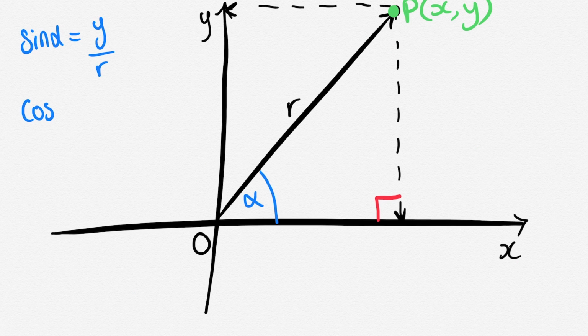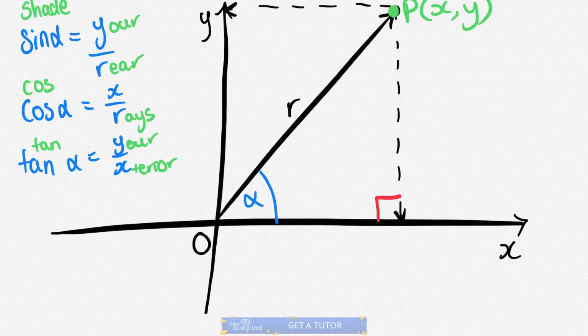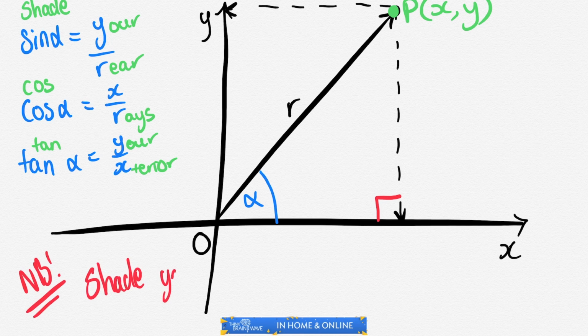We've got our angle alpha in blue and our 90 degrees in red. We have sine, cos, and tan represented by y over r, x over r, and y over x. So we say: shade your rear, cause x rays, tan your exterior. It's a very easy way to remember it because we'll definitely need to use this going forward. Make a very good note of that.